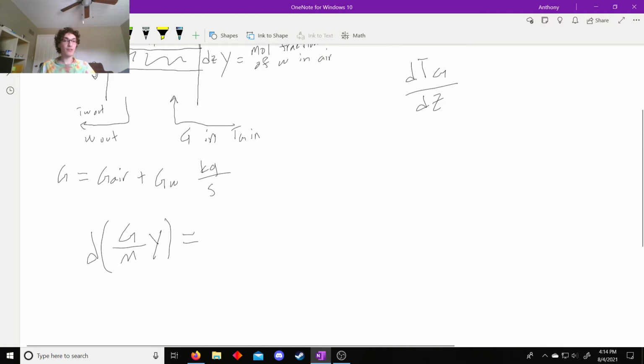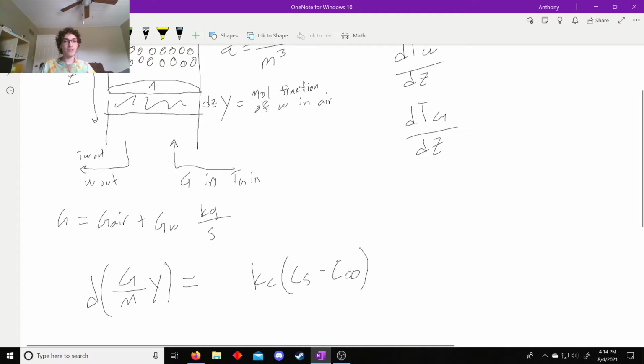And the change in evaporation is a mass transport. So we'll have our mass transport coefficient multiplied by driving force, which is difference in concentration. So this concentration at the surface is going to be the concentration just above the surface. And this concentration infinity is going to be our concentration far away from the surface.